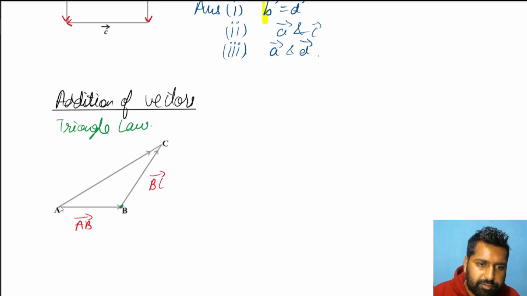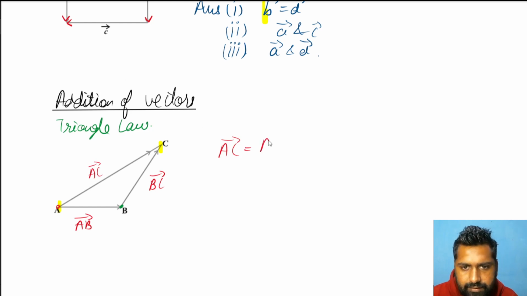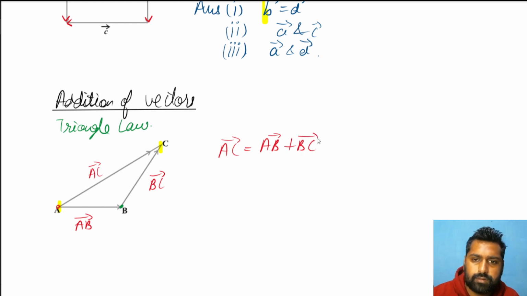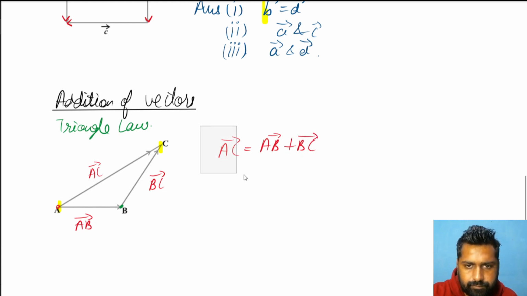In that scenario, if we join the initial point of the first vector and the terminal point of the second vector, you get a triangle, and from A to C, this represents the vector addition of these two vectors. So AC vector is equal to AB vector plus BC vector. That's the triangle law of vector addition.